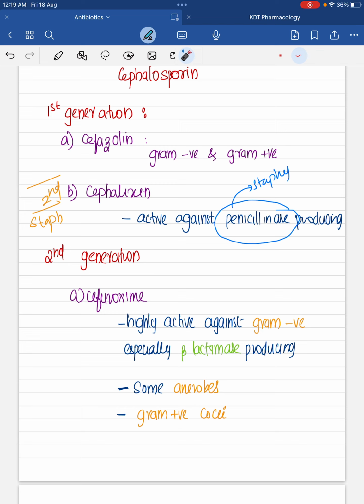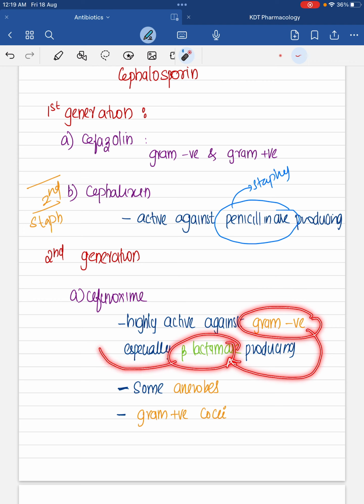Now we are going to second generation cephalosporins, the first one is cefuroxime. Cefuroxime is highly active against gram negative and especially beta lactamase producing organisms, which means the gram negative organisms have a tendency to produce beta lactamase, but that beta lactamase is not able to inactivate cefuroxime.